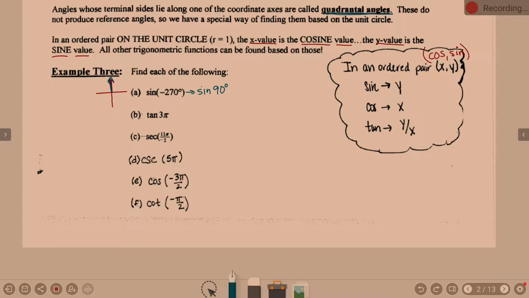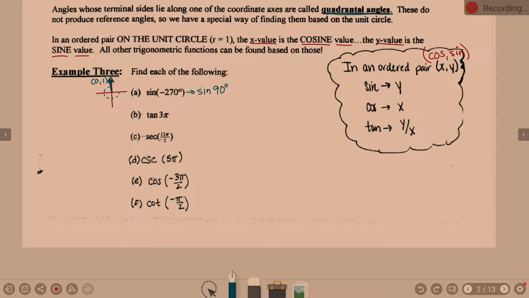If you go up here, what is that point on the unit circle? If you go left or right 0, and then you go up, what is that point? 0, comma 1. Right there is the ordered pair 0, 1. What did we just talk about with the ordered pair?